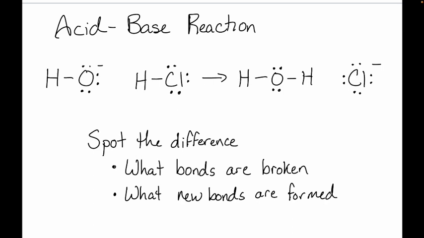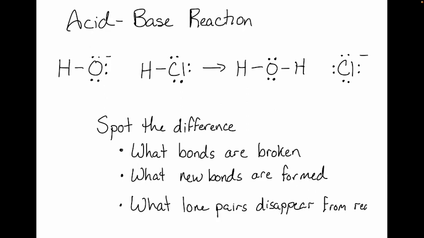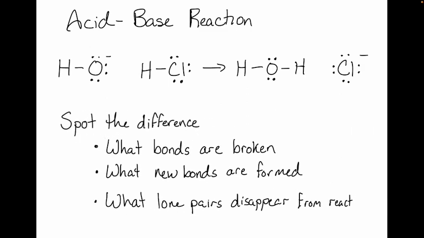But not only that, we want to also pay attention to these lone pairs here. So, what lone pairs disappear from our reactant side? I'm going to run out of room. And likewise, we want to look for what lone pairs we now see on our product side that weren't there originally.